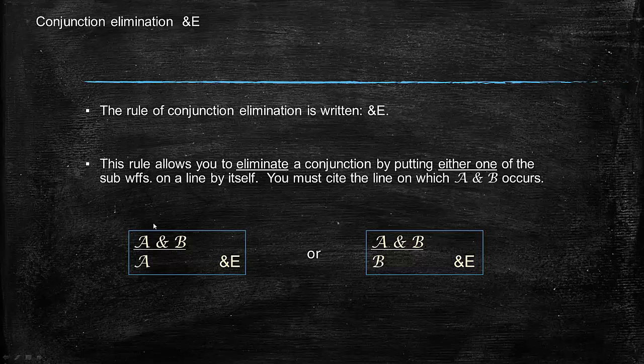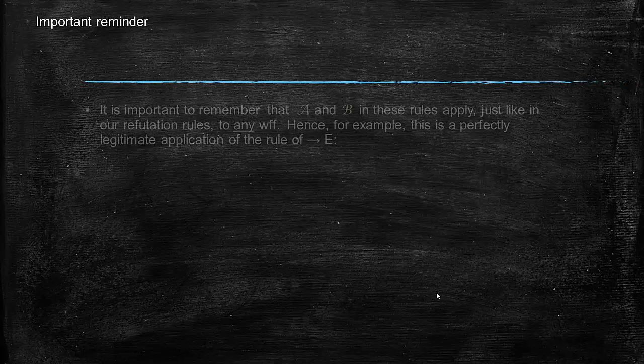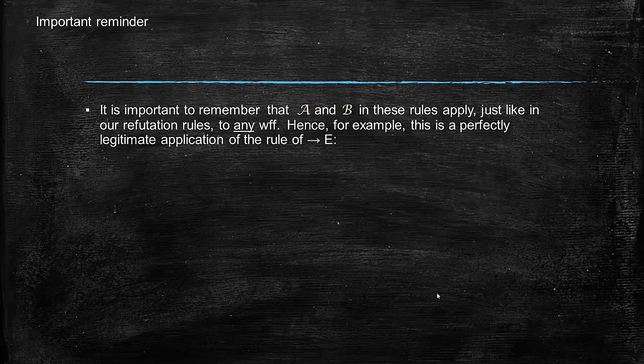Now there's only one line that you're operating on here, so say if this were line 7, you would just write 7 here, right? If this were line 7, you would again just write 7, comma, and identify the rule you're using. All right, so that's the 4 rules that we're going to learn today.